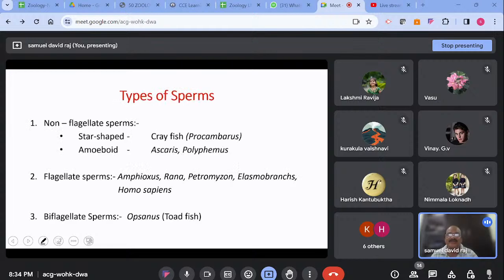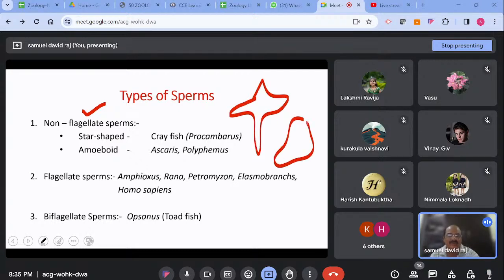Coming to the types of sperms, there are different types of sperms. The sperms without flagella are called non-flagellate sperms, and there are two examples: one is star shaped, the other is amoeboid.